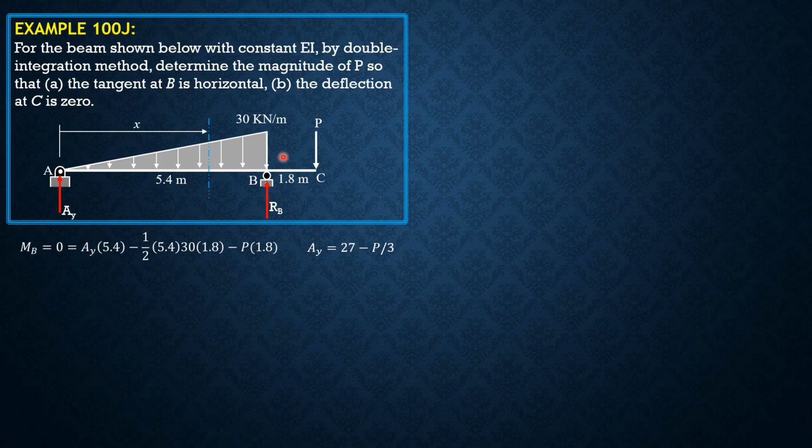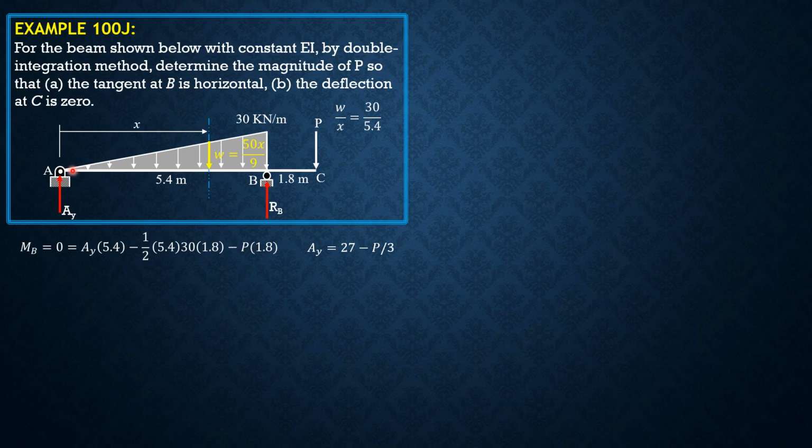Instead, we plan to separate the differential equations for portion AB and for portion BC. So we will call this intensity W. So W over X equals 30 over 5.4. Therefore, W is equal to 50 over 9 of X.